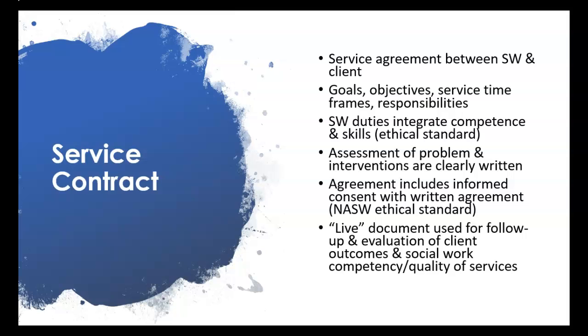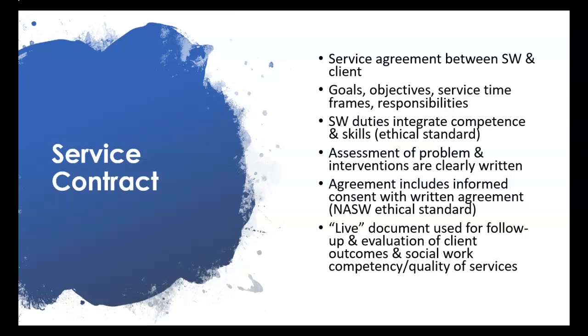So the service contract is the service agreement between the social worker and client. It includes the goals, objectives, the service timeframes, and responsibilities. Remember, when we're talking about responsibilities, we're talking about the responsibilities of the client in the service contract, the responsibilities of the social worker in that contract, and the responsibilities of the agency in that service contract.